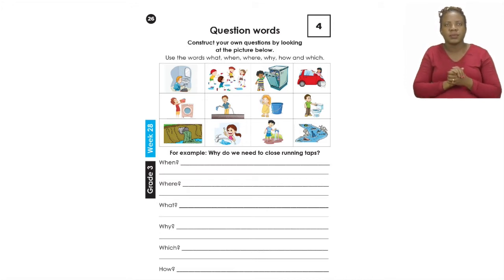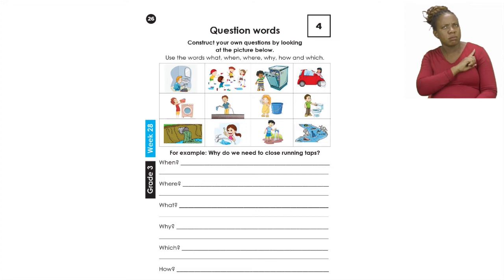Remember everyone, we are doing question words. So you have to construct your own questions. And at the end of a question, you have to have a question mark. Now you will see the list of question words given there, at the bottom of the page. When, where, what, why, which, and how.